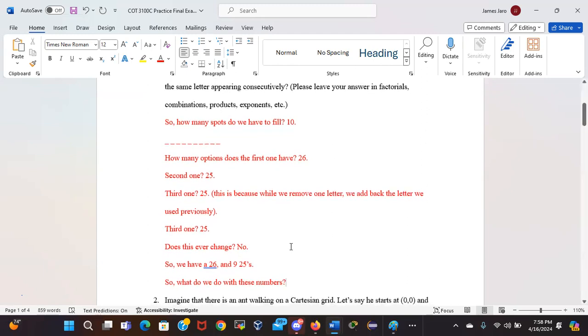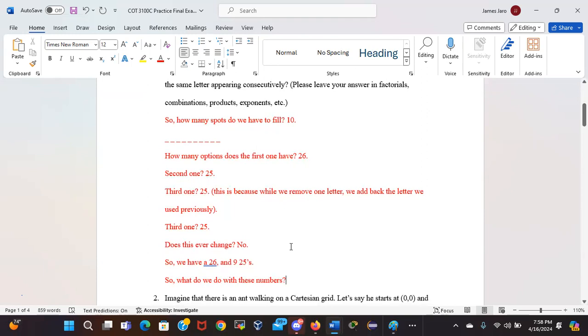Combination? Nope. It wouldn't even be a combination because order matters. Every different variation of a string is a different string. The only question we need to ask ourselves is what do we do with the 26 and the nine 25s? 26 factorial and 25 factorial times 9?